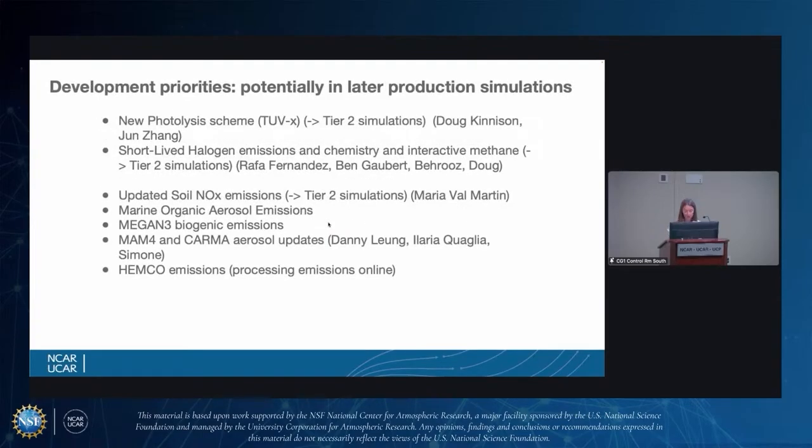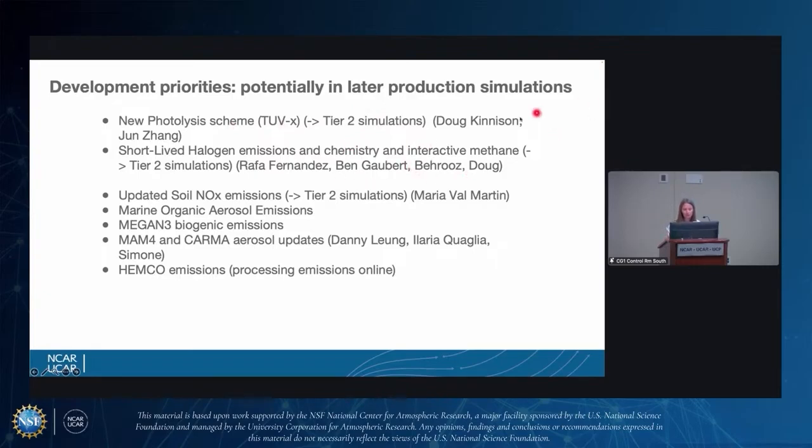And then there's a lot of development still going on, and potentially we're hoping to put that in some production experiments and maybe some tier 2 experiments, like adding interactive photolysis to UV, and Doug and June are really heavily working on this right now. Then the work you will hear about on the short-lived halogens from Rafa, Carlos, and others working on that.